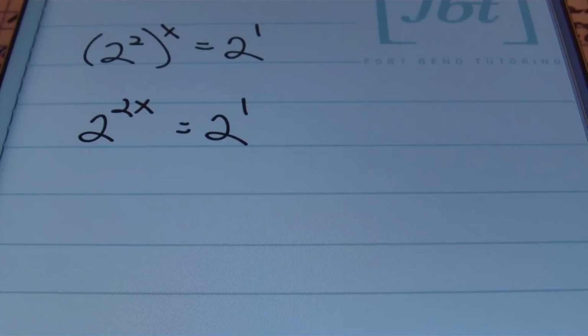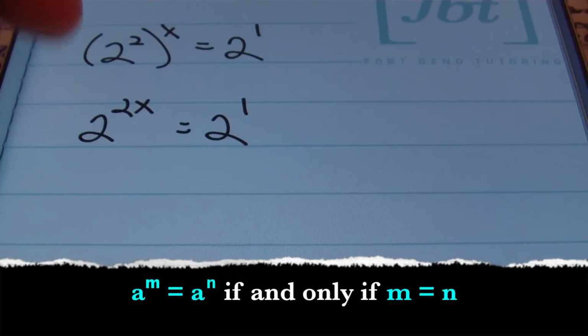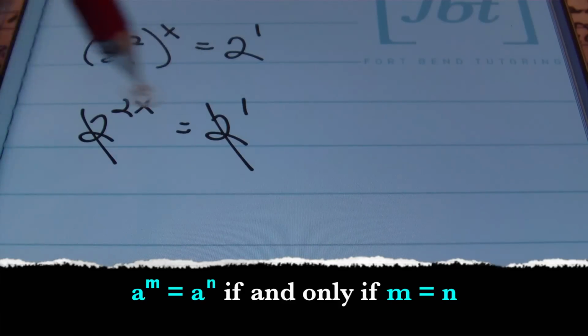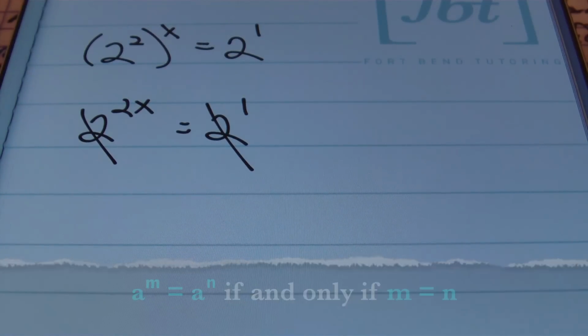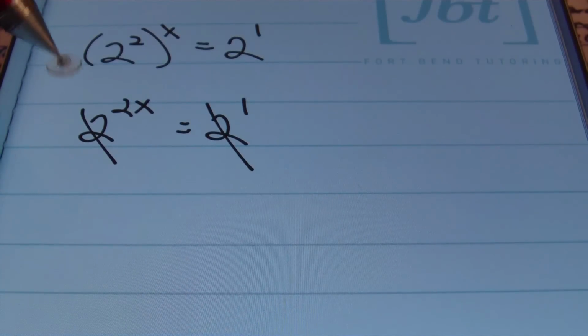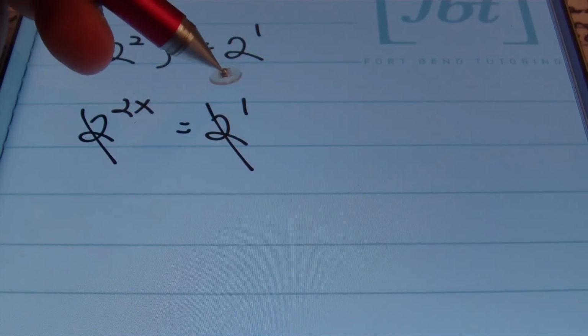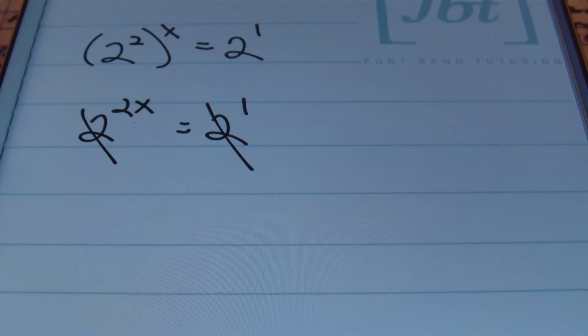When I have a situation like this, I can really just ignore these bases. Since my bases are identical, the exponents have to be equal as well. So being as though the equation read as 2 to the 2x equals 2 to the first power, the 2x has to equal 1.